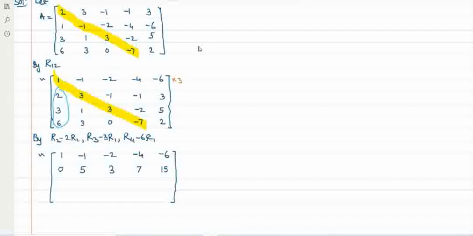3 and their subtraction, so again 0, 1 minus minus 4. 3 minus minus plus 6, something no, barabar 9. Minus 2 plus 12, 10, 5 and 18, 23.